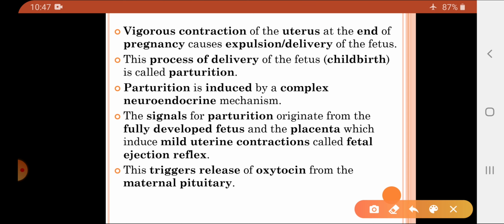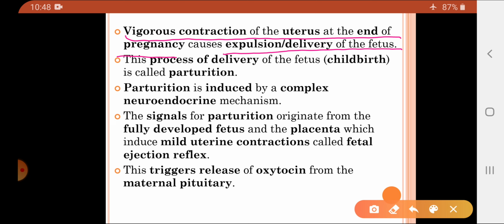But the vigorous contraction of the uterus at the end of the pregnancy causes the expulsion or delivery of the fetus. So students, you need to keep in mind that during pregnancy also there will be contractions taking place in the uterus, but the contractions which occur at the end of the pregnancy are more vigorous.